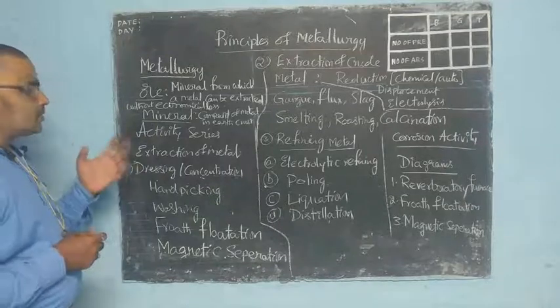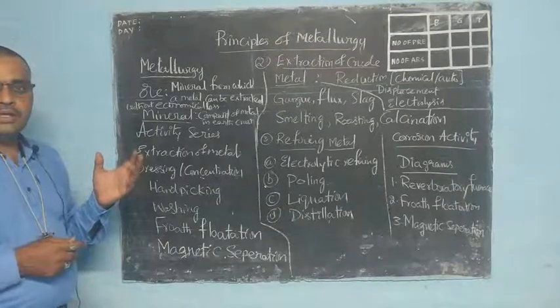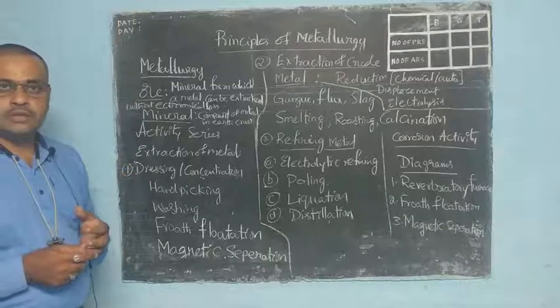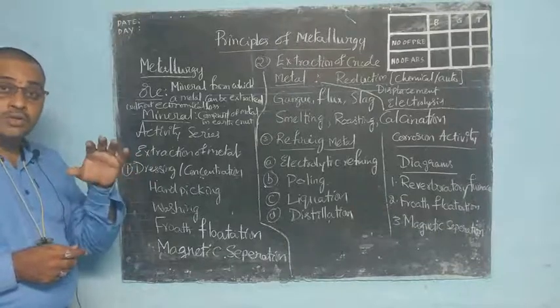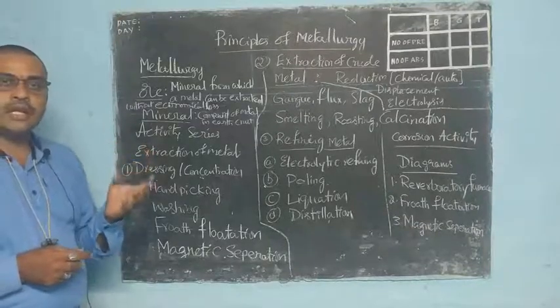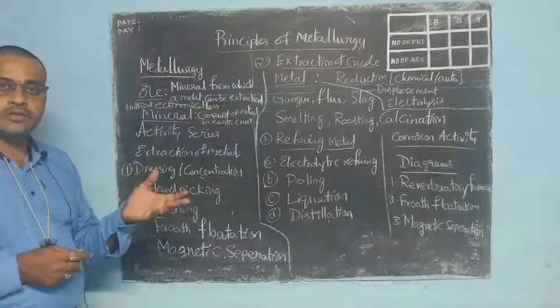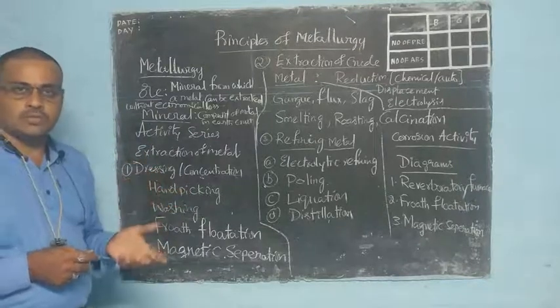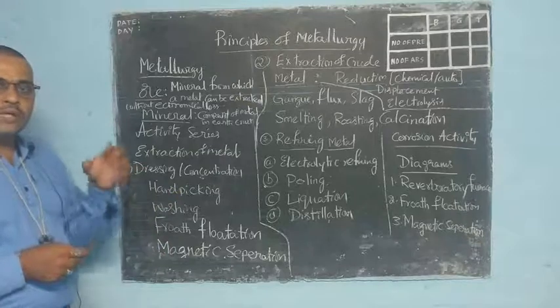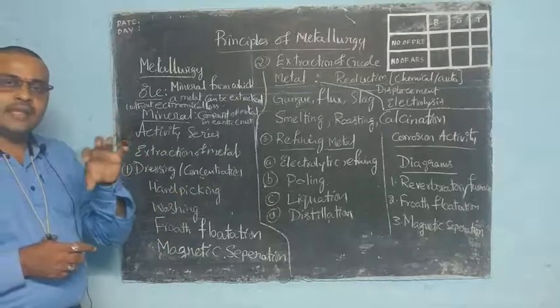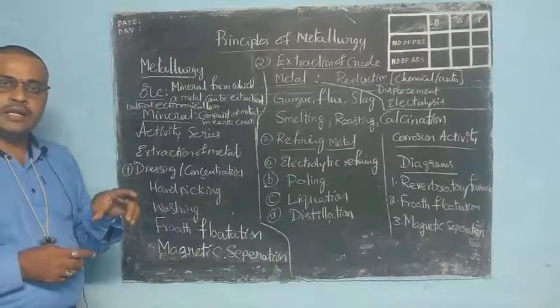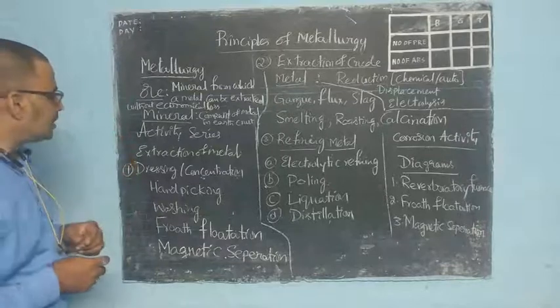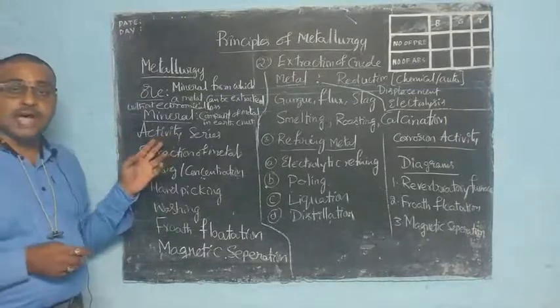So here, if you see, there are different types of metals available, and according to their reactivity, some are highly reactive metals, some are moderately reactive metals, and some are low reactive metals. These metals were arranged according to their reactivity, and that is called the activity series.